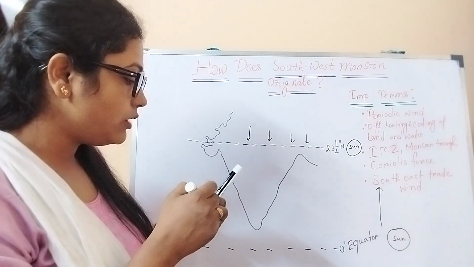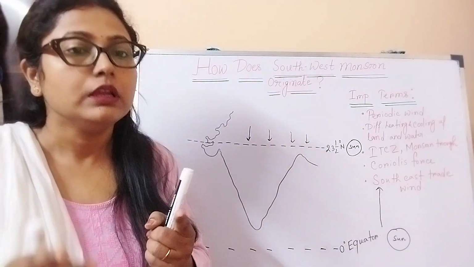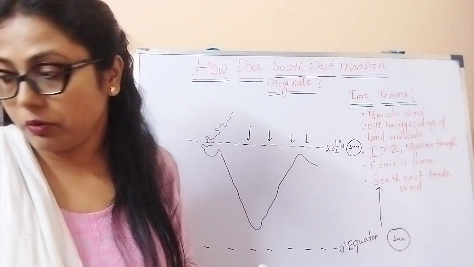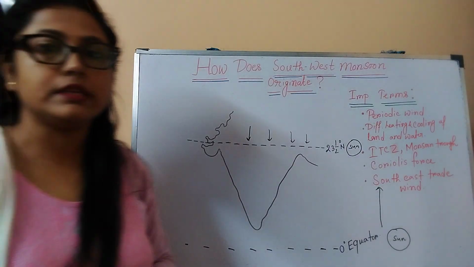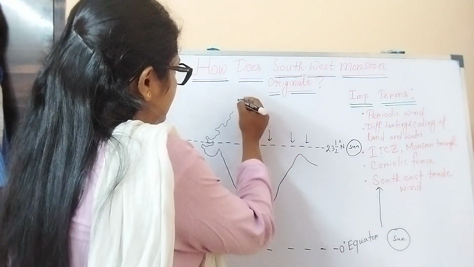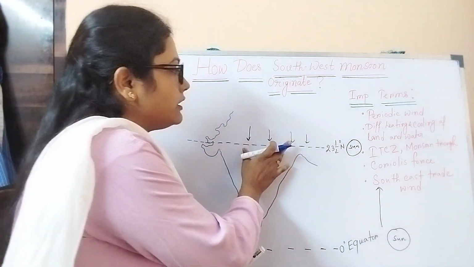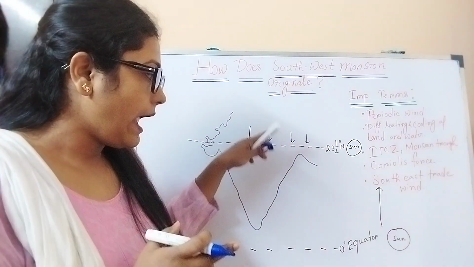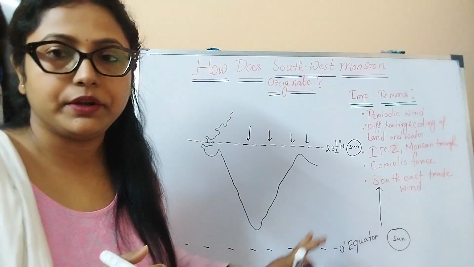So where the low pressure will be formed and where the high pressure will be formed? I told when the temperature will be more, there the low pressure will be formed. So where the temperature is more? We have come to know the temperature is more on the landmass, because sun is providing vertical ray over the 23.5 degree north, which is on the landmass, and where the temperature is less, in the surrounding water body.